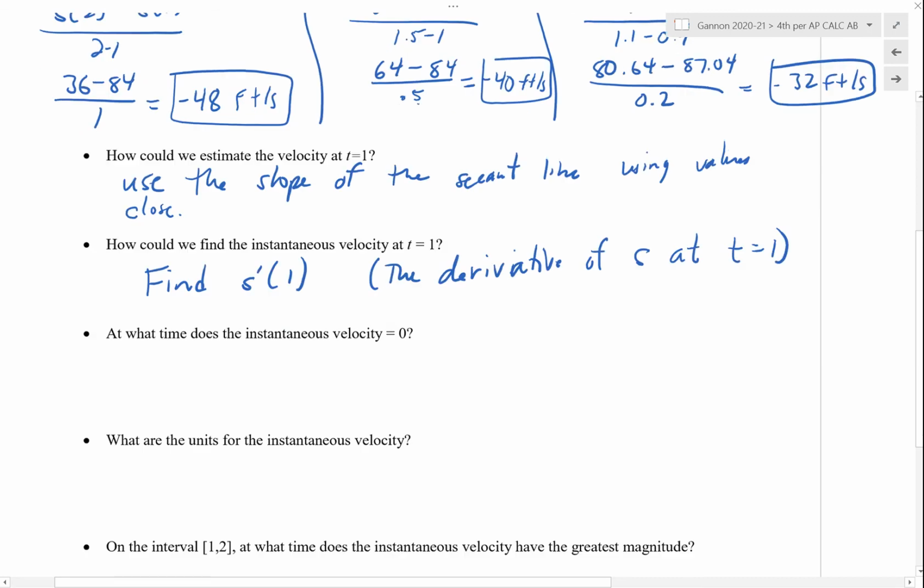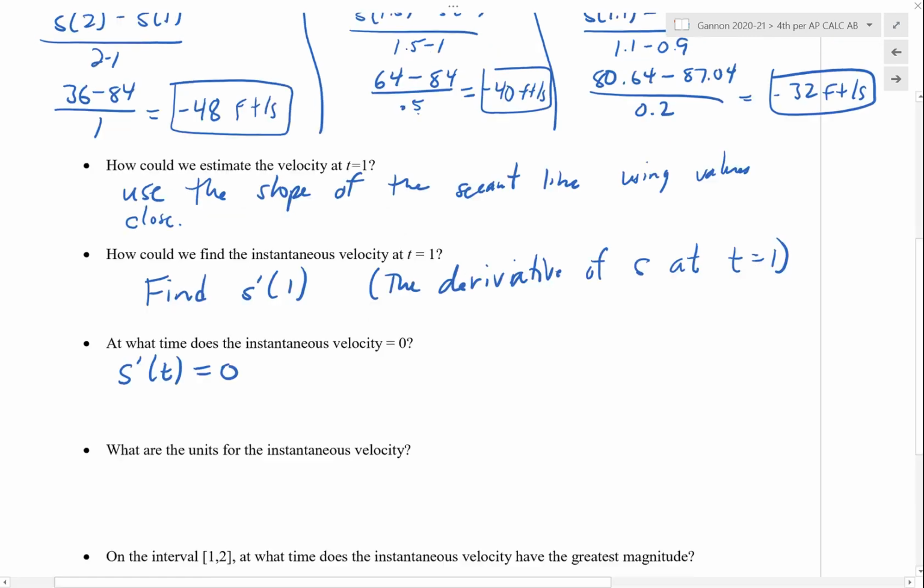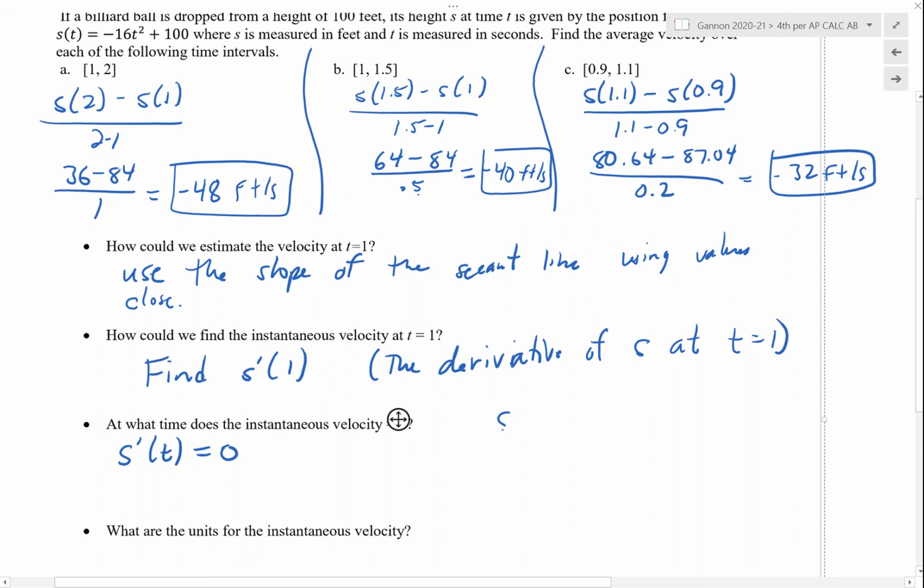Okay. Now here it says, at what time does the instantaneous velocity equal 0? Well, we basically want to know, when does s prime of t equal 0? Because the instantaneous velocity is the derivative. From the function above, we have s of t equals negative 16t squared plus 100.